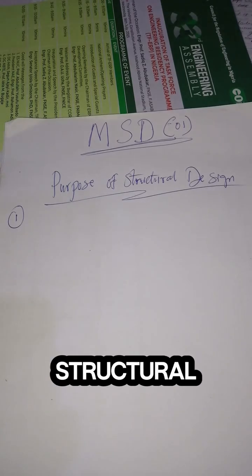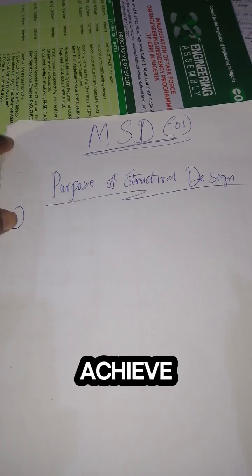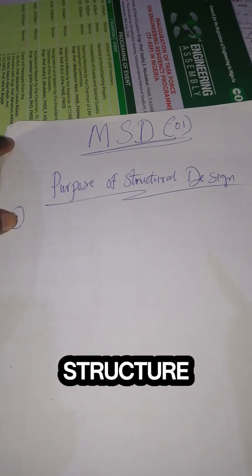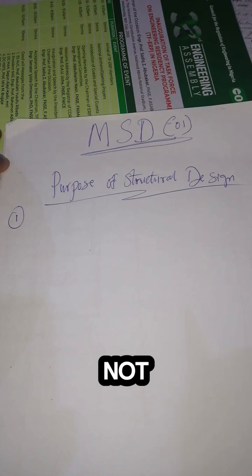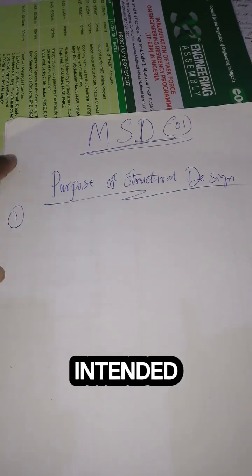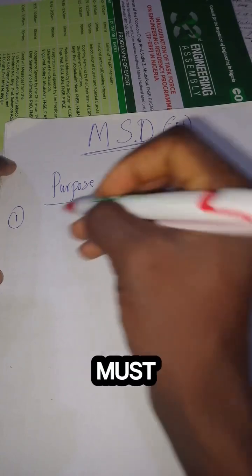The major aim of structural design of any structure is to achieve an acceptable probability that the structure under consideration will be safe and must not become unfit during its intended lifespan. In essence, the structure must be functional.